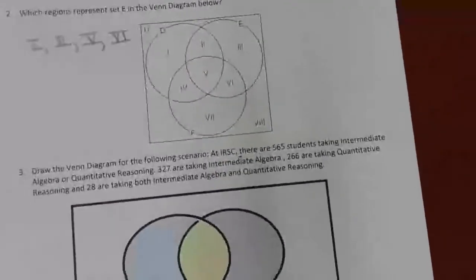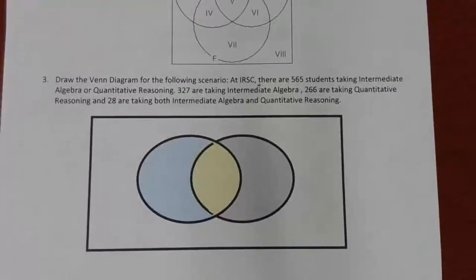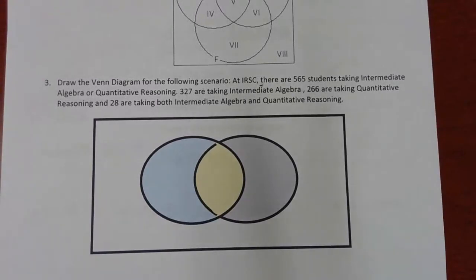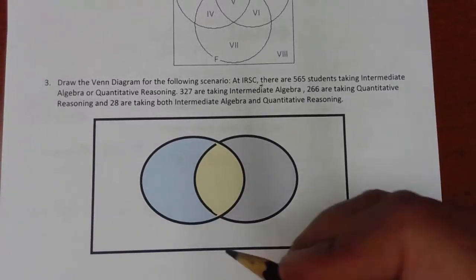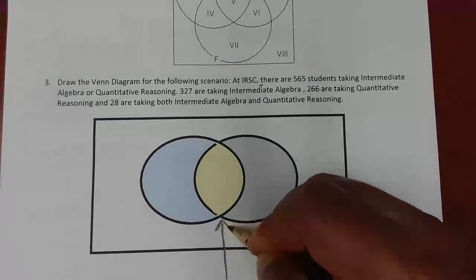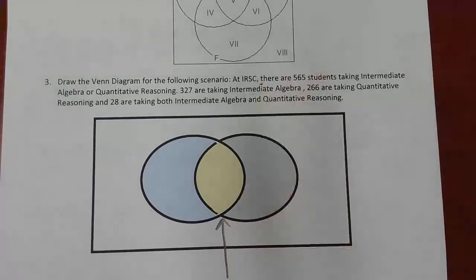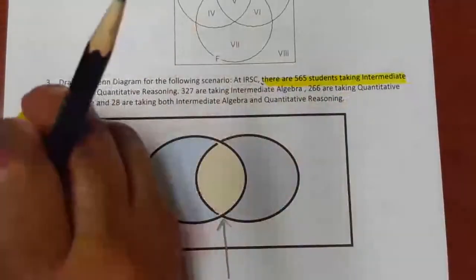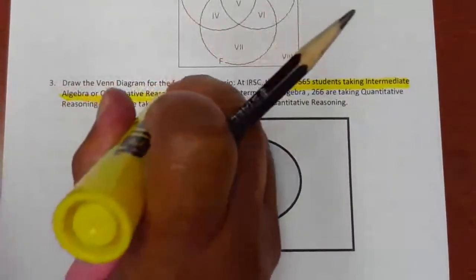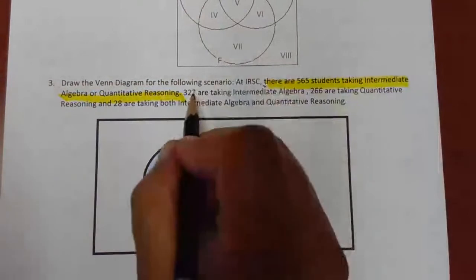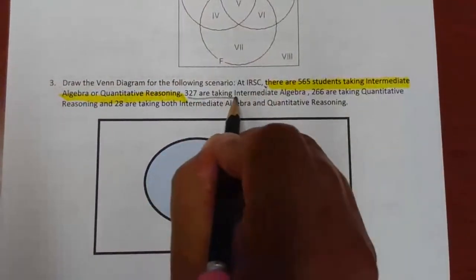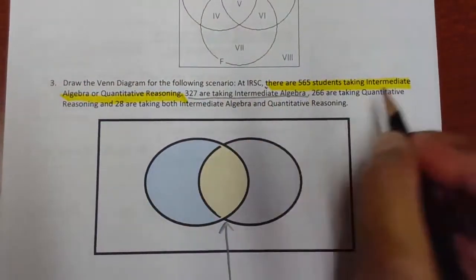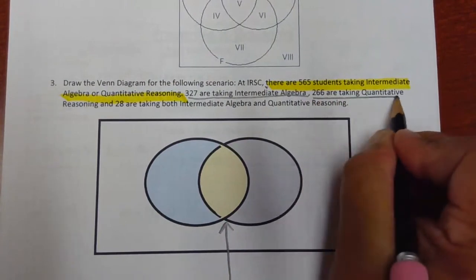Okay, so then in number 3, one more attempt at drawing our own Venn diagram. Don't forget, we're going to put the middle region first. So let's read. There's 565 students taking either algebra or quantitative reasoning. 327 are taking intermediate. 266 are taking quantitative.